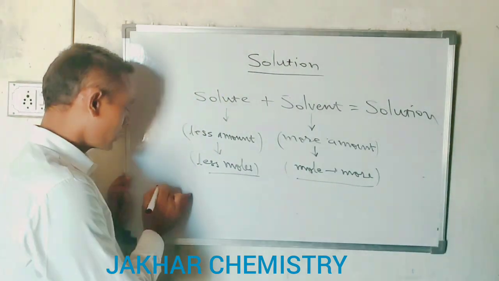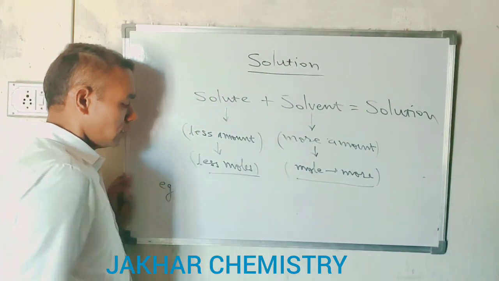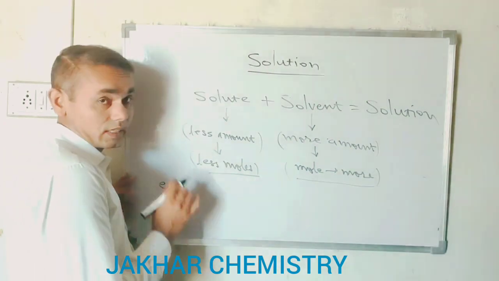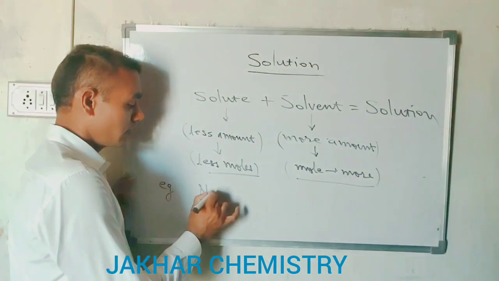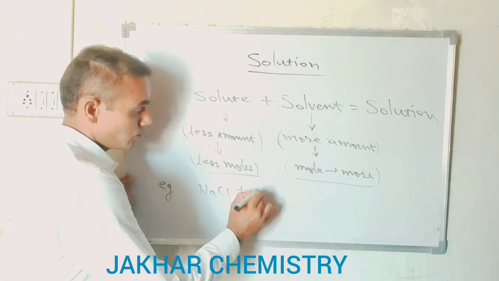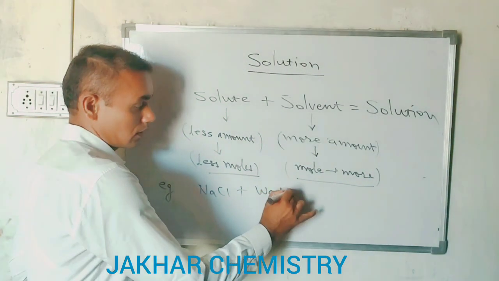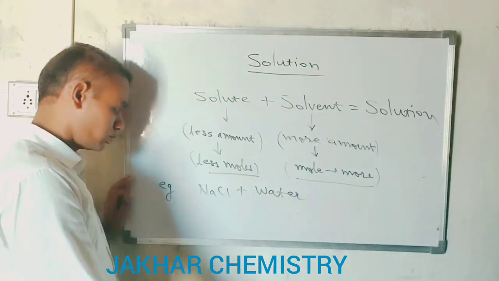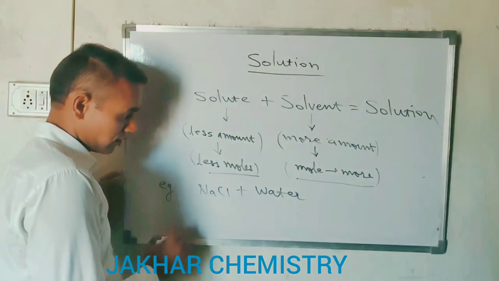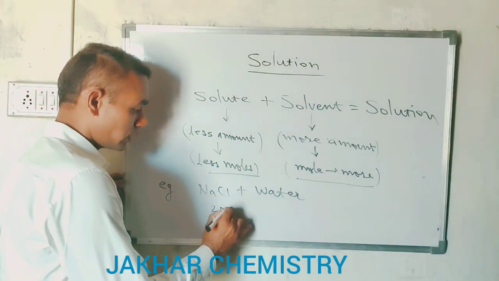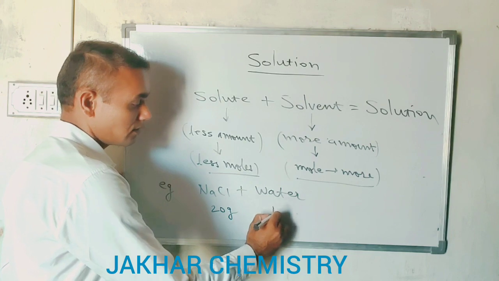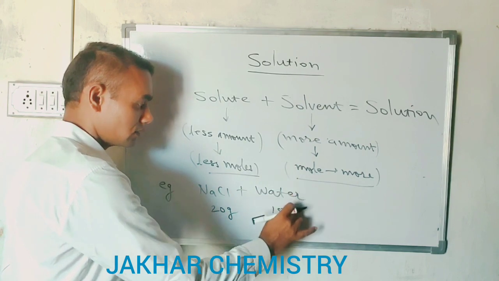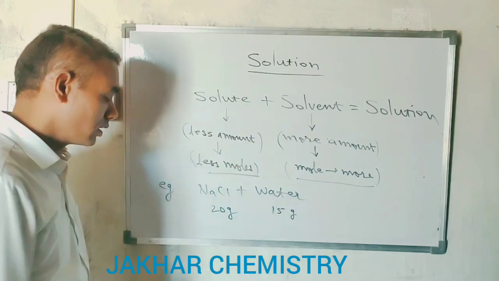Now we are taking a question. We are having a homogeneous mixture of NaCl and water. In this mixture, you are given the information that 20 gram of NaCl and 15 gram of water are given to form a solution.